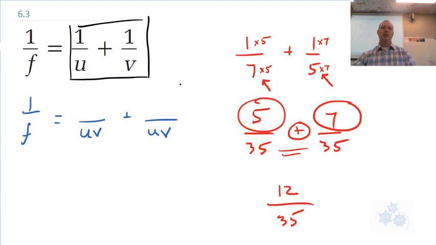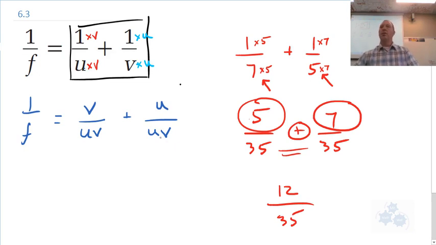So what do I have to multiply u by to get uv? You have to multiply by v, so we have v over uv. Over here, this is times u, so you have u over uv.